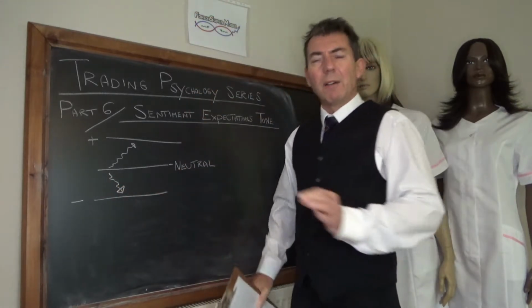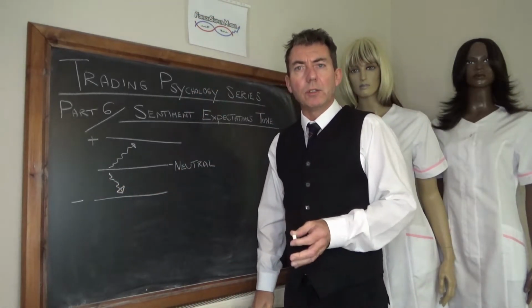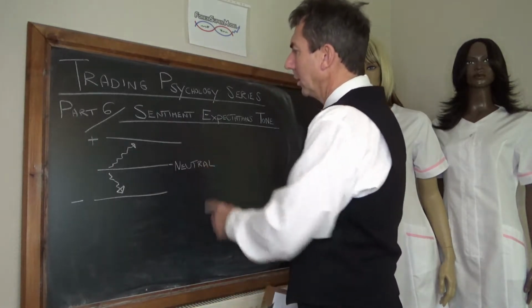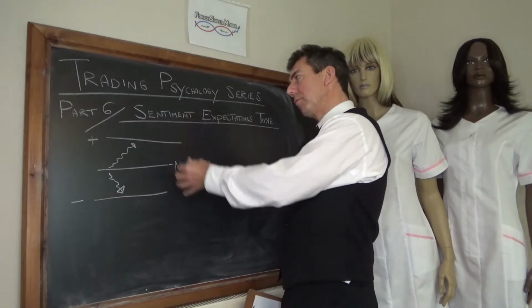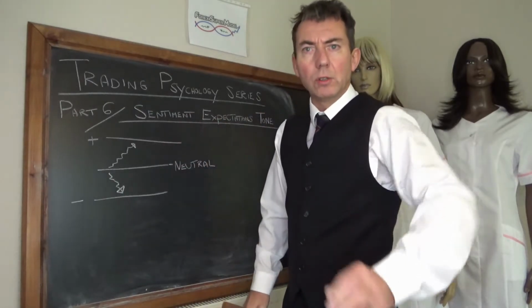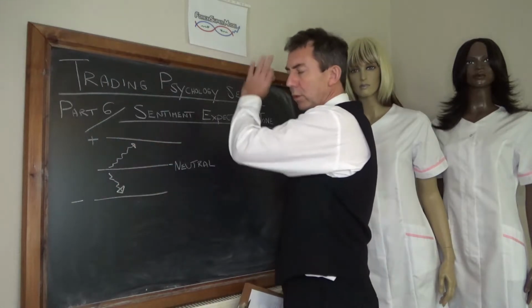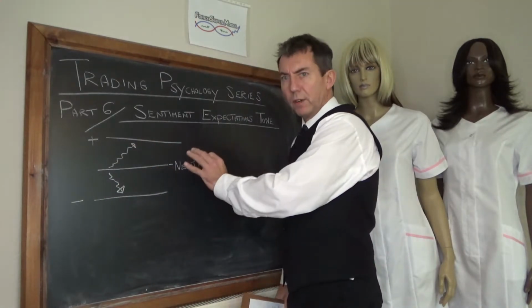With commodities and things like that, that's a better analogy. So oil, for example, if you've got a positive sentiment, expectations and tone for the oil market, it's reasonable to assume that crude will start rising and vice versa.